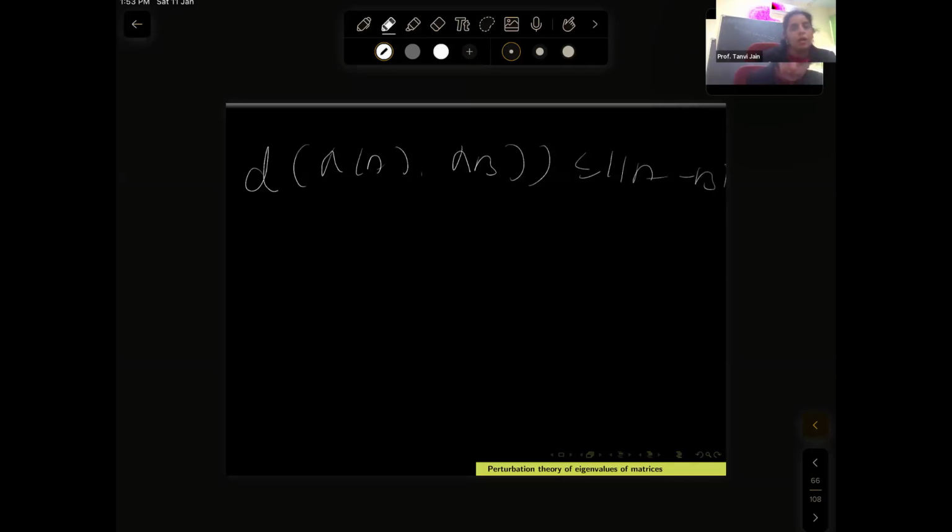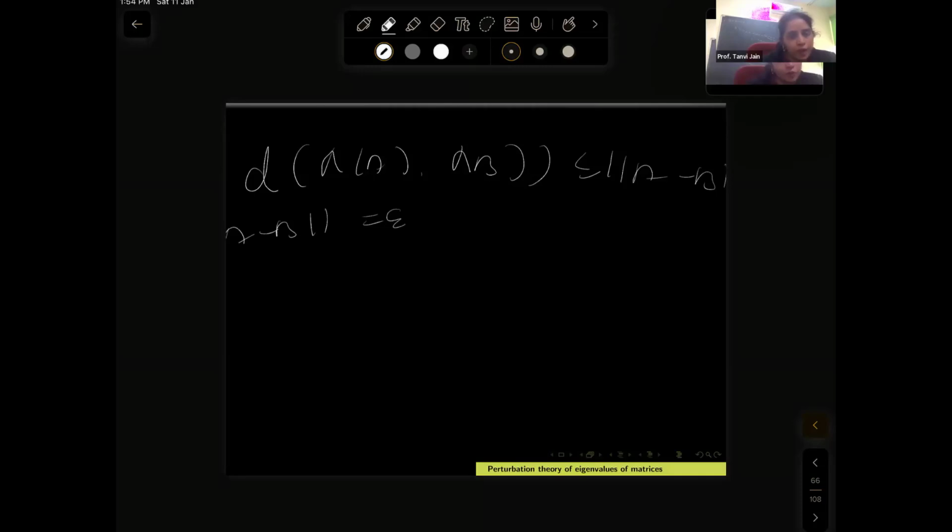Now I come to my main result. I want to show that there is a matching, so my D of lambda A, lambda B is less than or equal to norm A minus B. I have to show that if norm A minus B is equal to epsilon, then there is a permutation tau such that the maximum of mod lambda I minus mu tau I is less than or equal to epsilon.